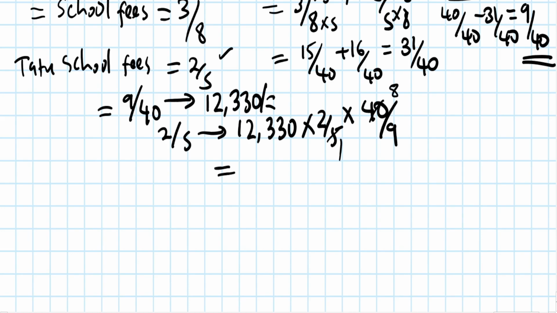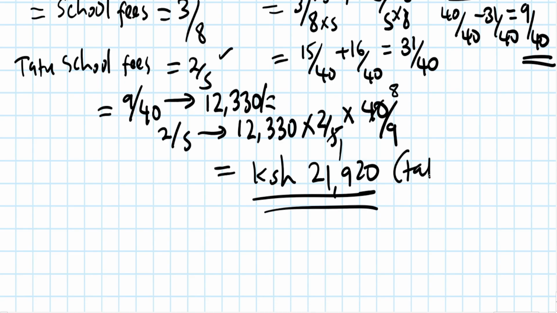Let's just do the whole thing: 12,330 times 2 over 5 times 40 over 9 gives me 21,920. So that is the total amount, 21,920, that was paid for Tatu school fees. Very easy.